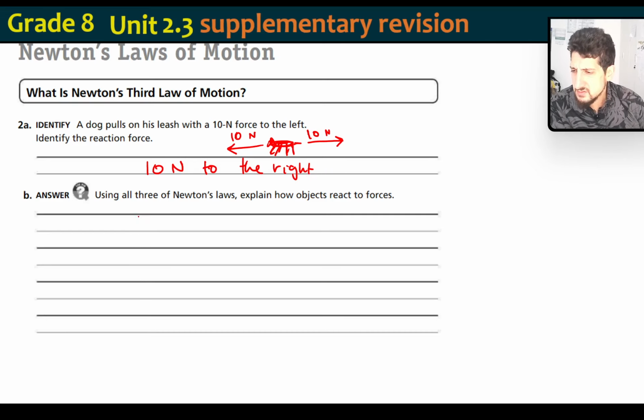Answer all three. Using all three Newton's laws, explain how objects react to forces. So what they want you to do here is just simply write the laws of motion. So the first one is law of inertia, also known as law of stubbornness.